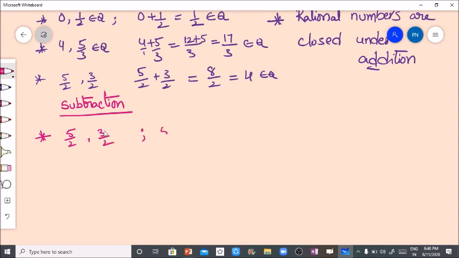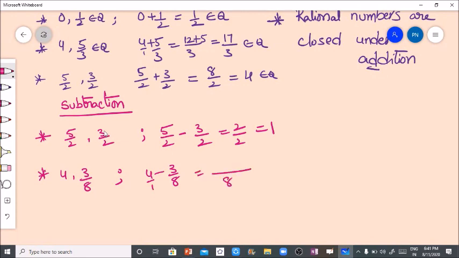Here the basic operation is minus. So 5 by 2 minus 3 by 2, that is 2 by 2, which equals 1. And next, 4 and 3 by 8. These two are rationals. So 4 minus 3 by 8. Here 4 by 1, so LCM is 8. 4 eights are 32 minus 3 equals 29 by 8.